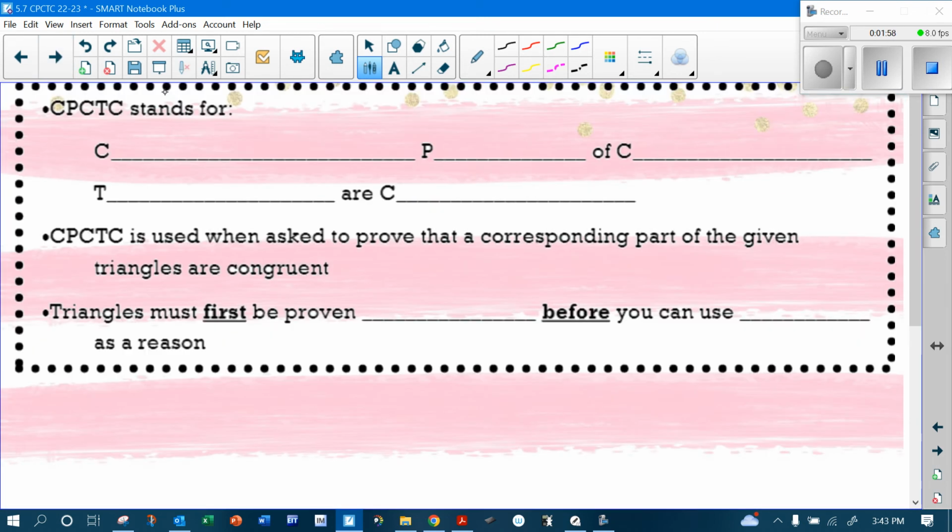All right, so this is what CPCTC stands for. So I am going to type it.